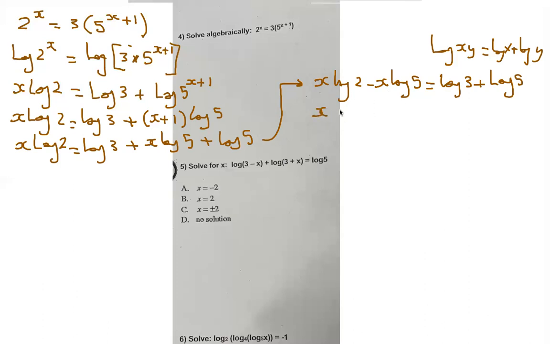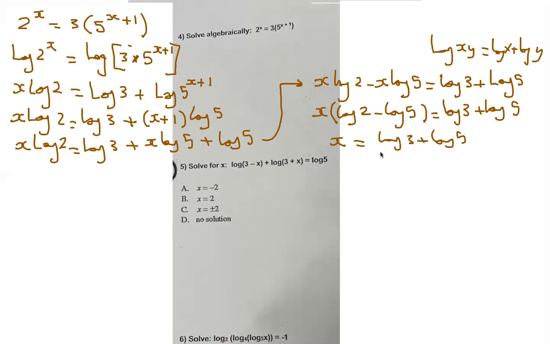So you get x times log 2 minus log 5 equals log 3 plus log 5. And now you could divide both sides by log 2 minus log 5 to isolate the x, and the final answer will be x equals log 3 plus log 5 over log 2 minus log 5, and that's your final answer.